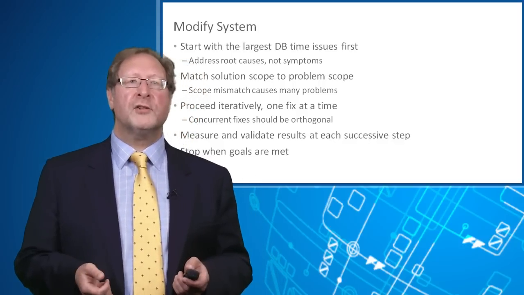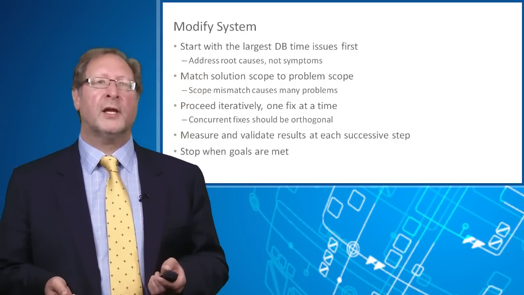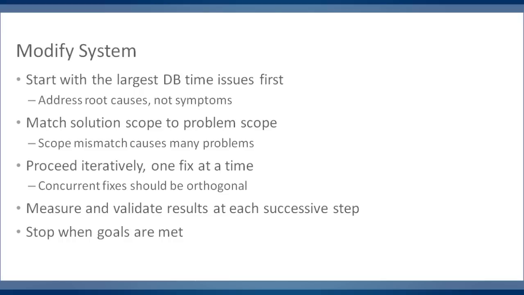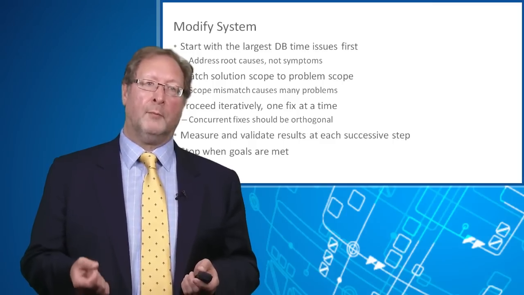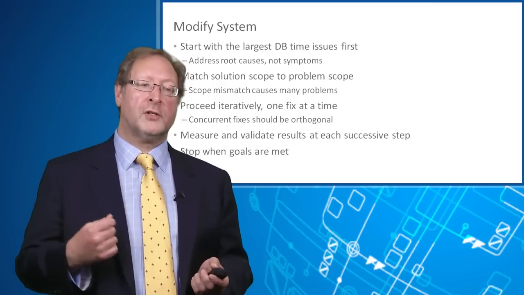When we're modifying the system, a couple of important points here. We know that the important thing is to reduce the amount of database time. So making sure that we are addressing the things that represent the largest amounts of database time first is a key point, and making sure that we're addressing root causes, not just symptoms.